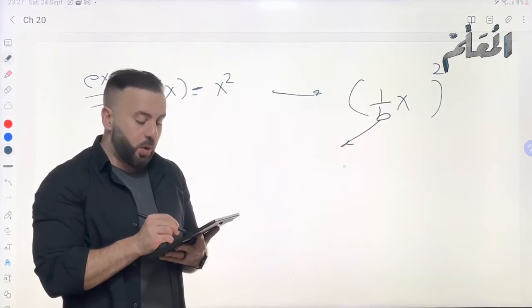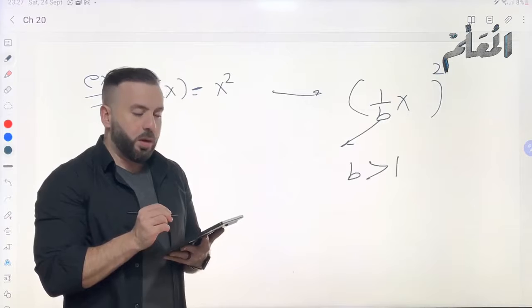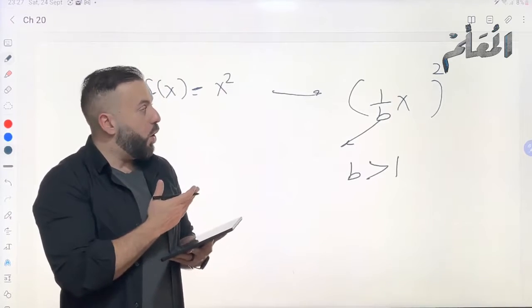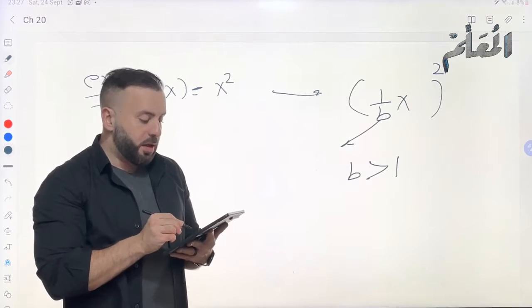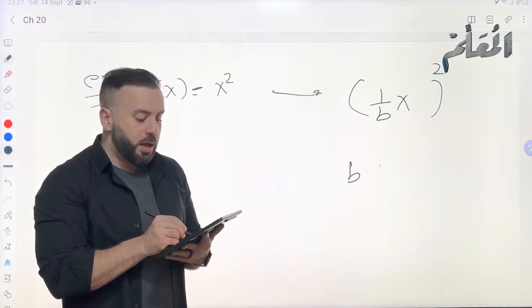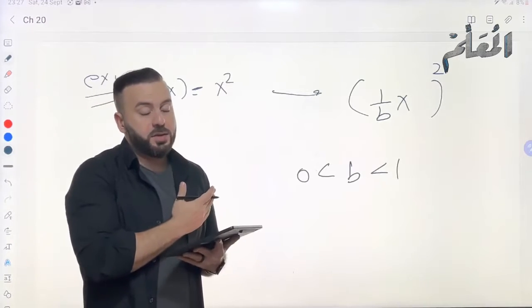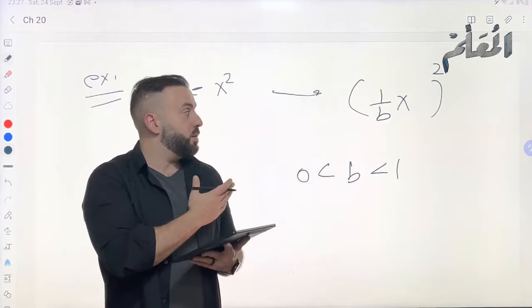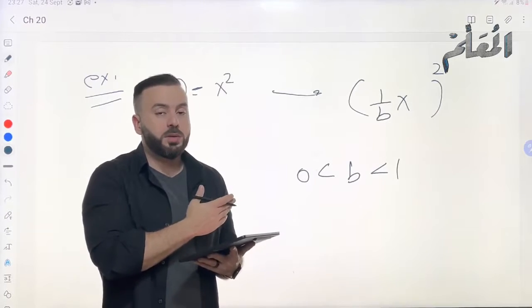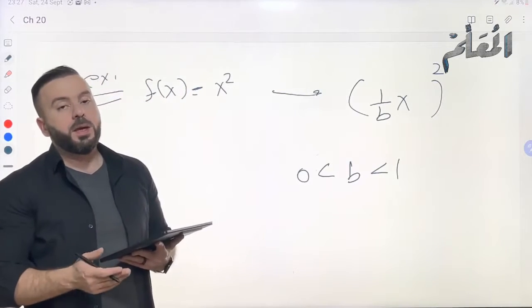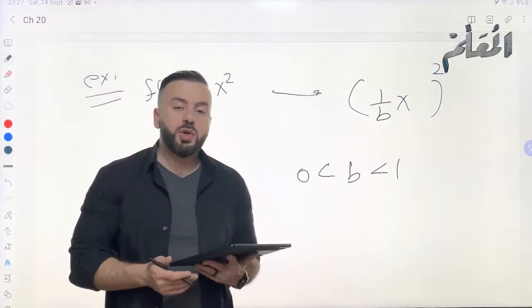If b is a whole number greater than 1, we say this is a horizontal stretch. But if b is less than 1 and greater than 0, we say that this is a horizontal compression by a factor of 1 over b. Okay, so those are the major transformations.